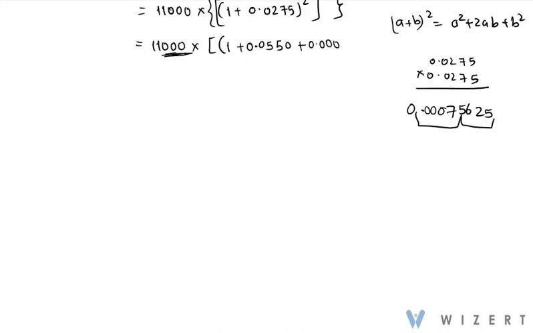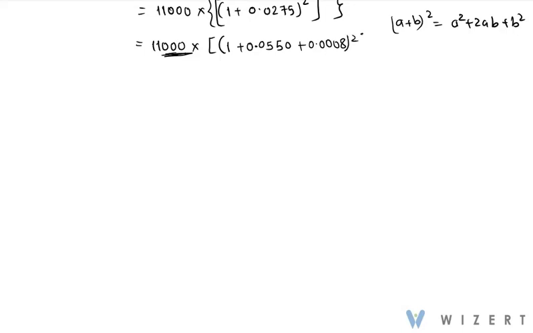So this is 0.00. Now if we want to round this off to 4 digits after the decimal point, we will get 0.0008. Since this is greater than 5000, this will be increased by 1 in order to round it off.